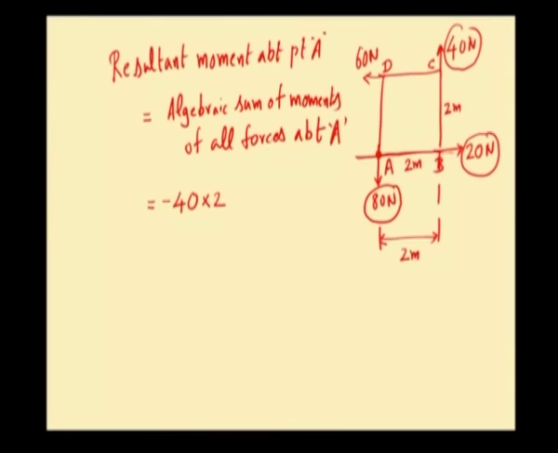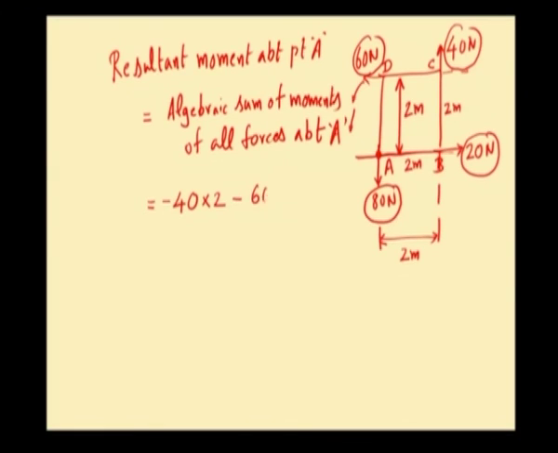Now, let us consider the final force, which is 60 Newton force. 60 Newton force acts along the side DC. It does not pass through point A. Perpendicular distance between this 60 Newton force and point A is once again the side dimension of the square, which is 2 meter. 60 Newton force once again creates an anticlockwise moment about A, and hence we shall put a minus sign.